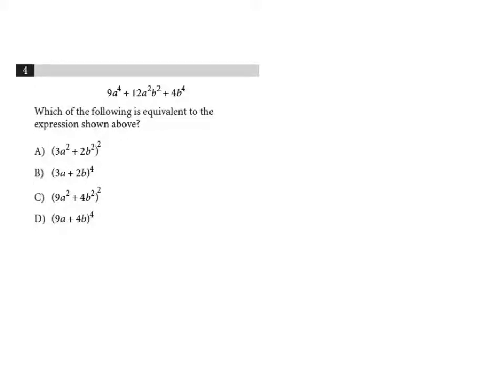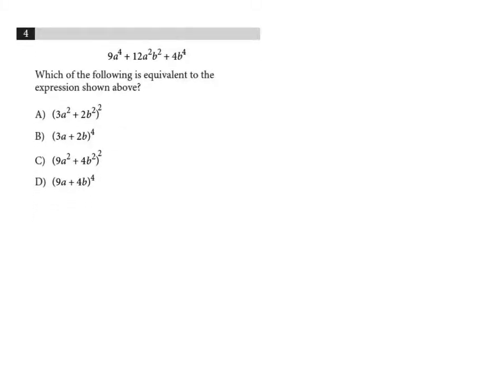Okay, number 4. Which of the following is equivalent to the expression shown above? Okay, so if we look at this expression up here, we'll see that we have a squared term in front and a squared term at the end.